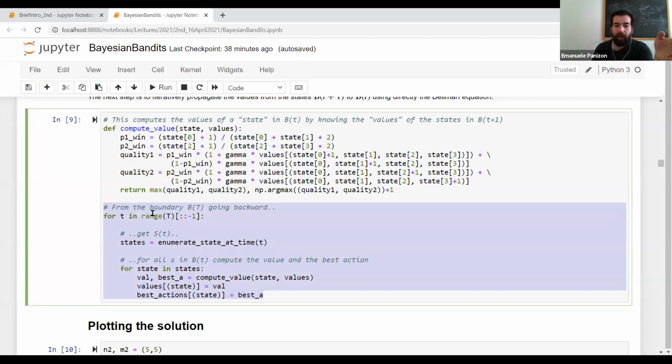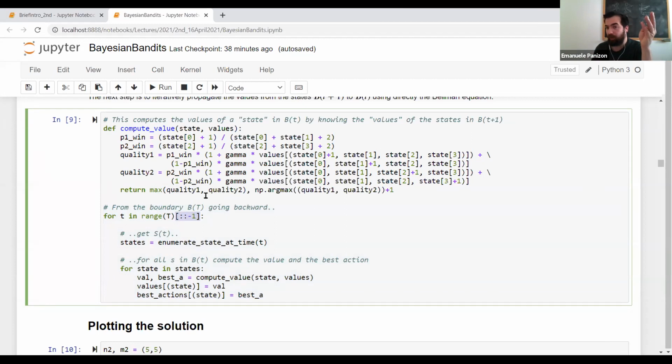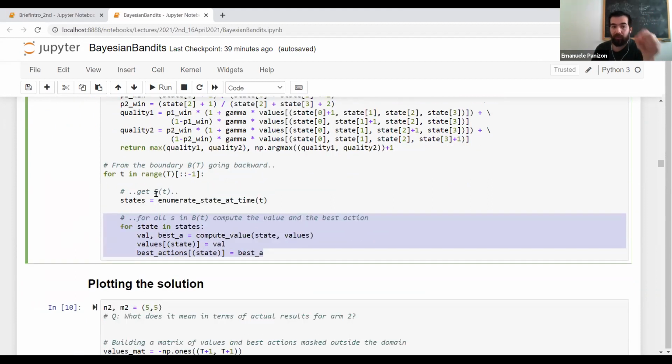Okay, I start in range T, so I'm excluding T, I'm going up to the boundary, and I'm going backwards. This is the Python way to say I'm going backwards. So I get all the states at that point there, and for all the states in this subset with the sum of integers arriving to T, I just say, okay, what is the best value?